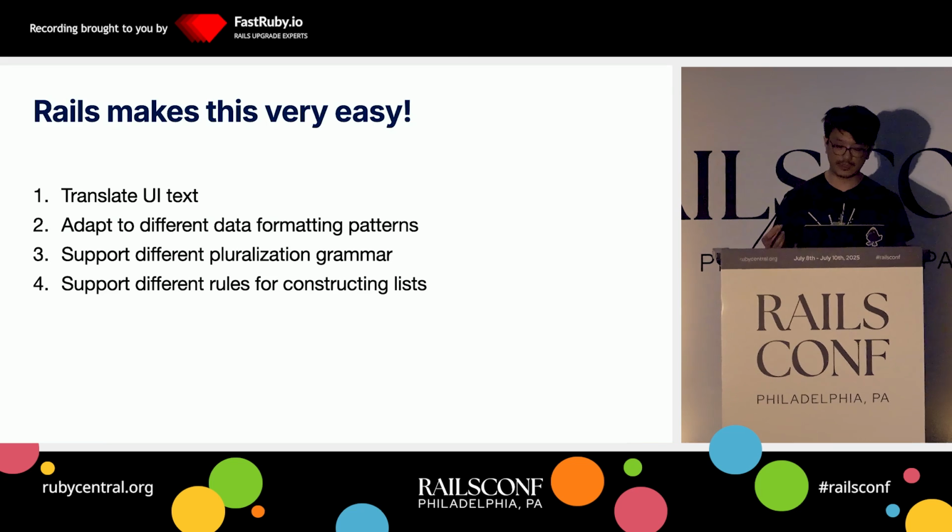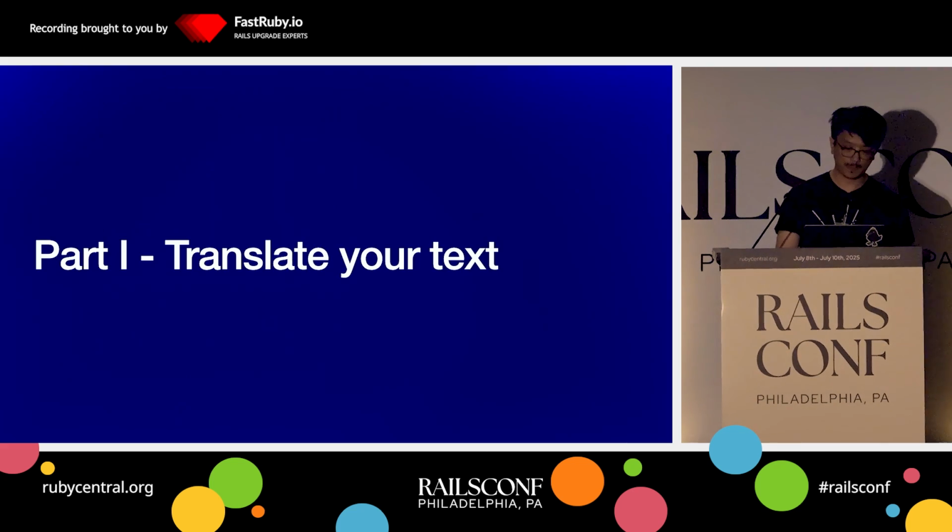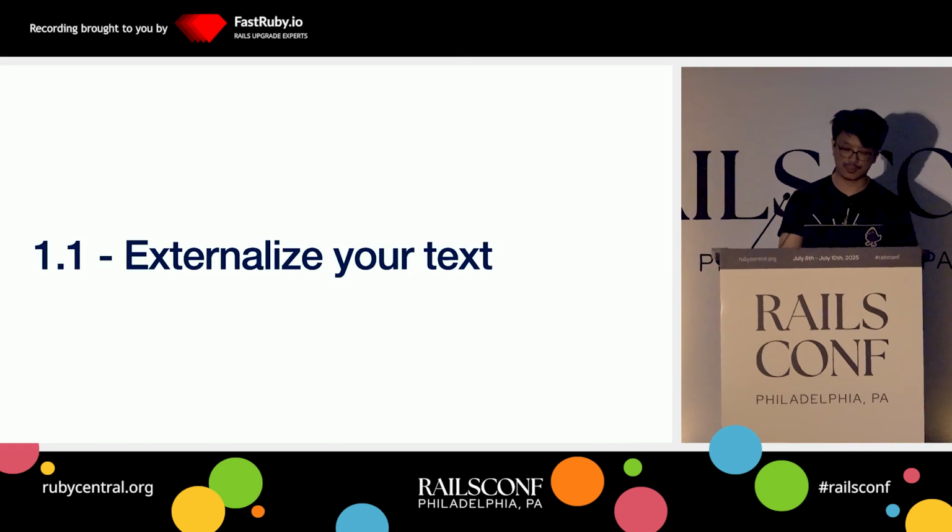In this talk, we're going to look at how you can use these tools to translate your UI text, adapt your UI to different data formatting patterns, and even support different rules for constructing plurals and lists. At the end, we'll have an app that feels just as natural in any language as it does in English.